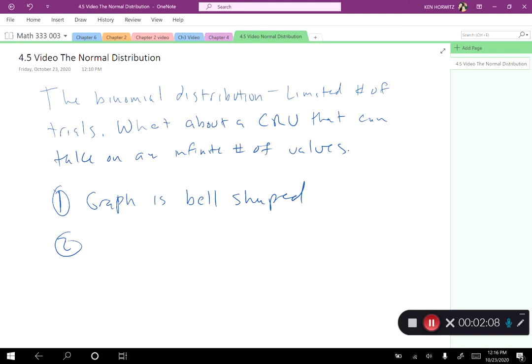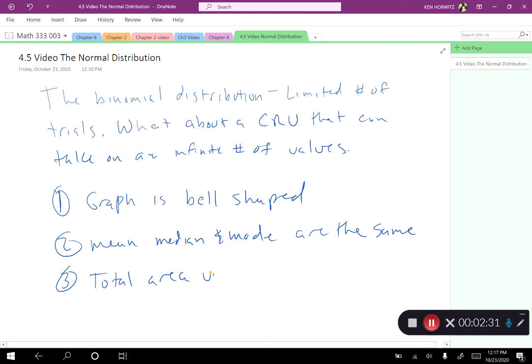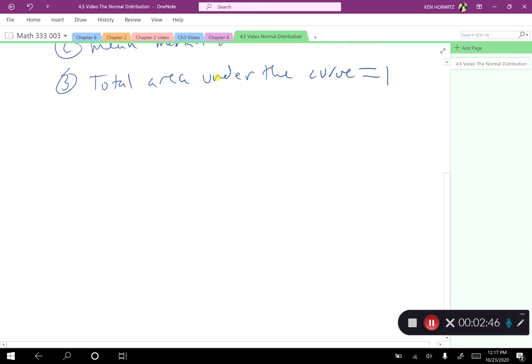The second is that the mean, median, and mode are the same. The third is that the total area under the curve equals 1. So what the graph might look like would be something like this.